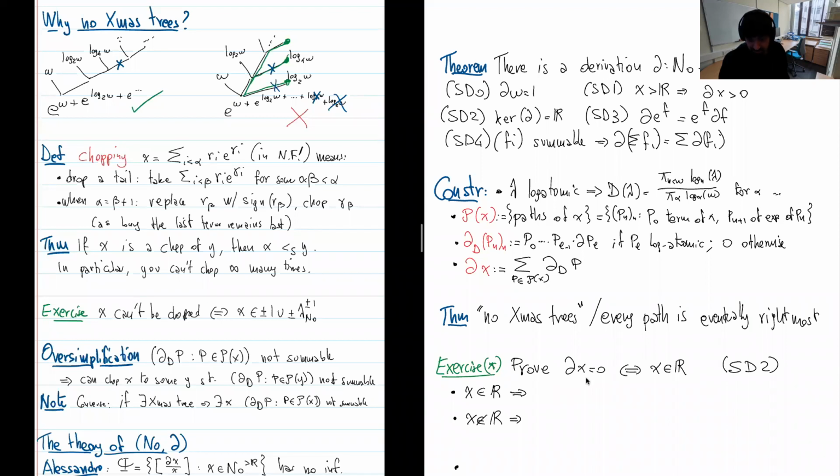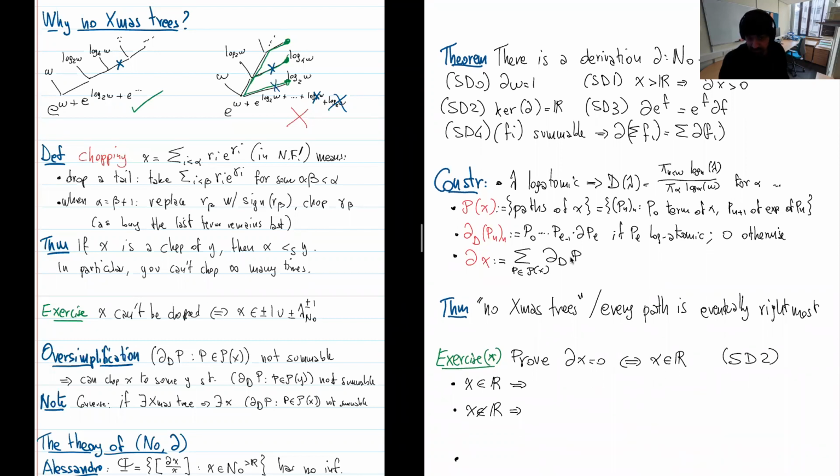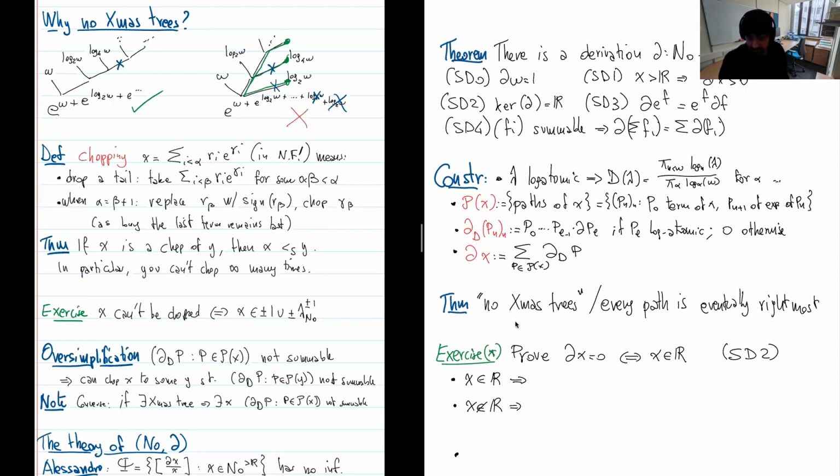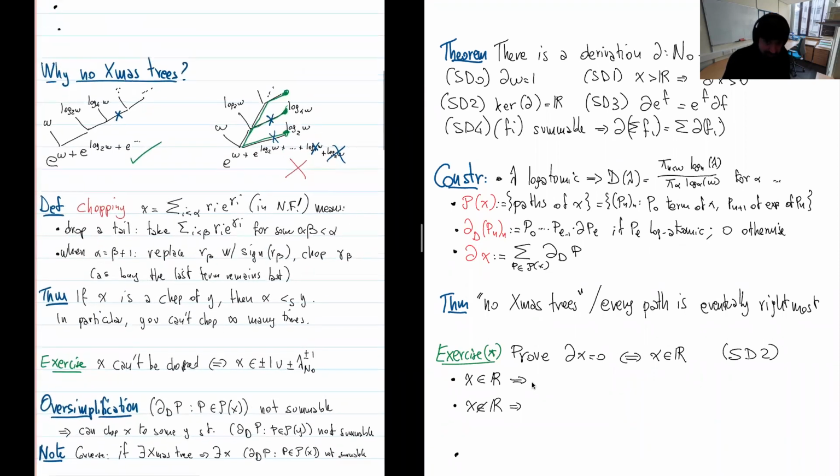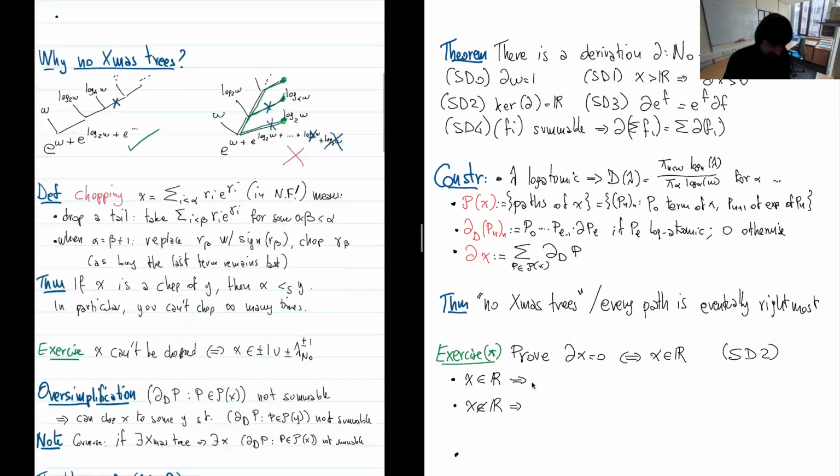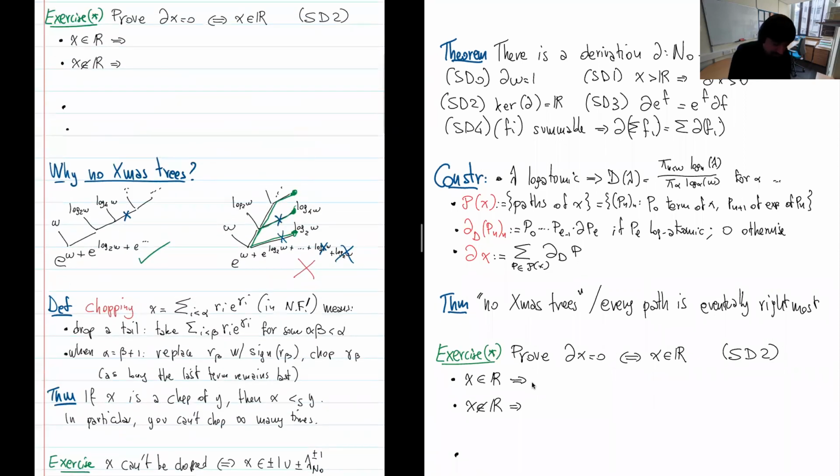prove that, for example, the derivative of a number is 0 precisely when that number is real. Okay, which would be condition ST2 here. And just one of the two is trivial. So for example, if X is a real number, then the set of paths where X is just empty.